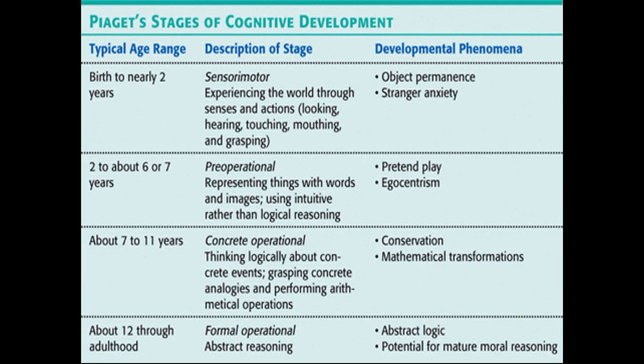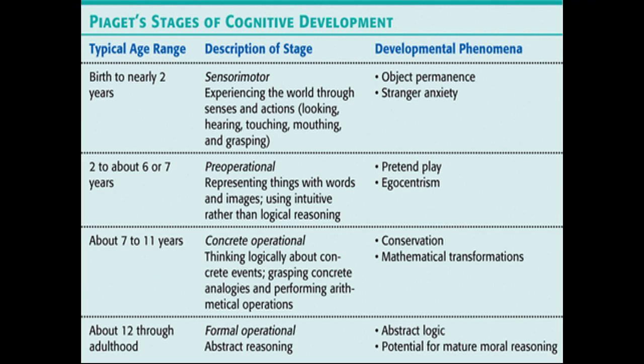Second is 2 to 6 years of age, the pre-operational stage. Now the child begins to give words to the things, to the images that he was seeing earlier, using intuitive rather than logical reasoning. Next is 7 to 11 years of age, that is concrete operational. Now he starts thinking logically about concrete events, grasping concrete analogies and performing arithmetical operations. Then is the formal operational stage, that is 12 to adulthood.